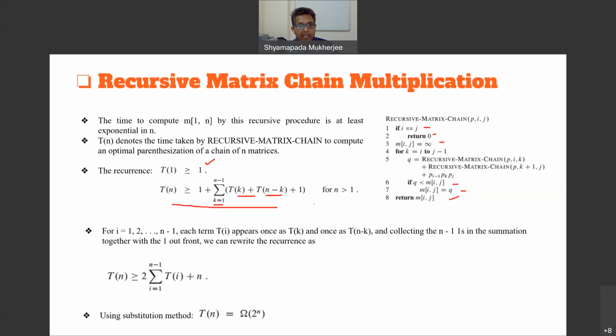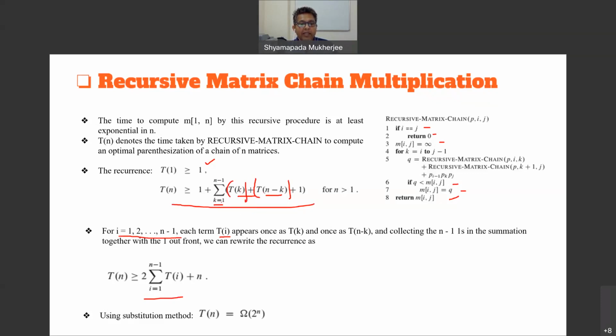This can be reduced to a simpler form, because we can see that T(k) and T(n minus k) give the same T(i) for all values of i from 1 to n minus 1. When k equals 1, this will be T(1) and this will be T(n minus 1).